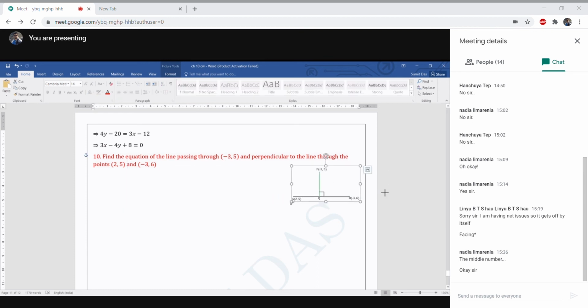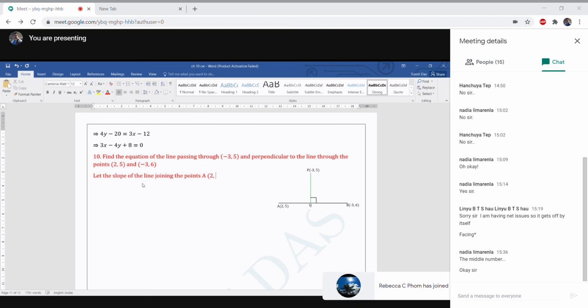Therefore let the slope of the line joining the points A, 2 comma 5, and B, minus 3 comma 6, be given by the slope formula.